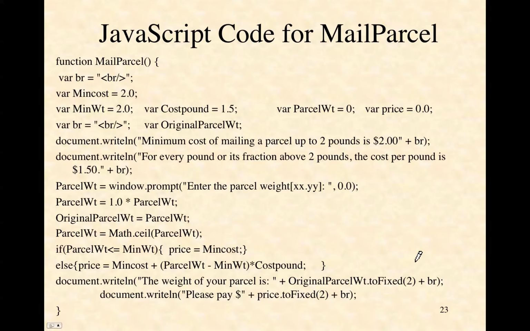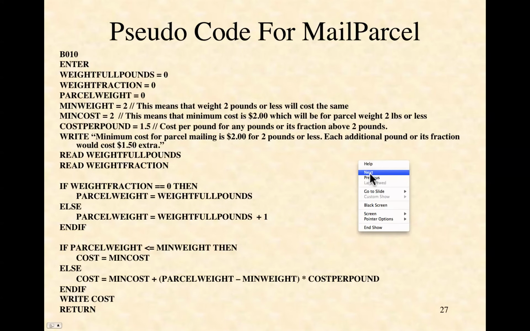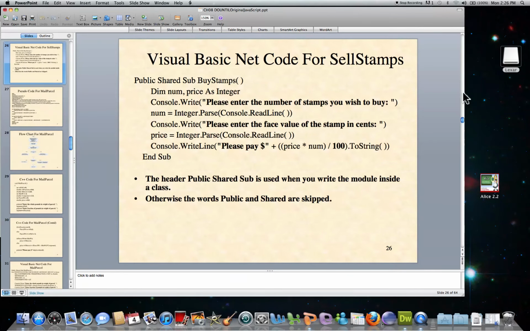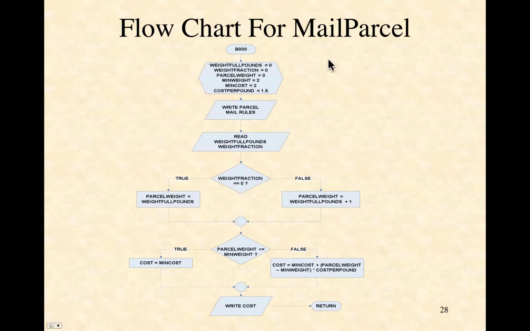All right, and I think I should have shown you the pseudocode and flowchart for this, and I just need to locate it. Here it is. I don't know how it got pushed in the back. It should have been before that. So here's the flowchart. I suppose I don't have pseudocode on this one, but that's okay.